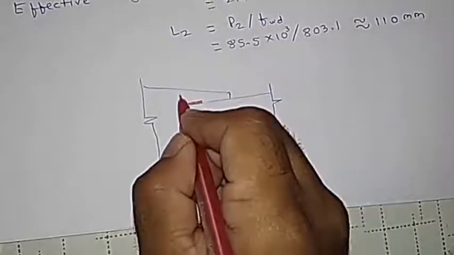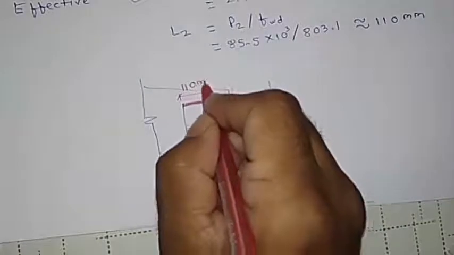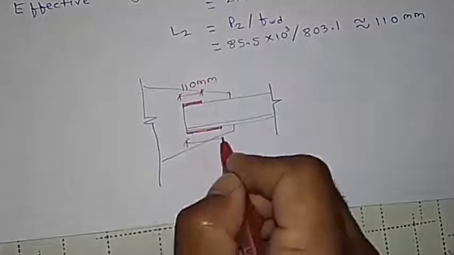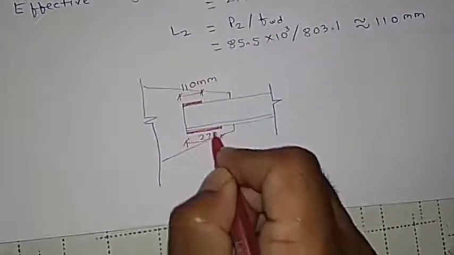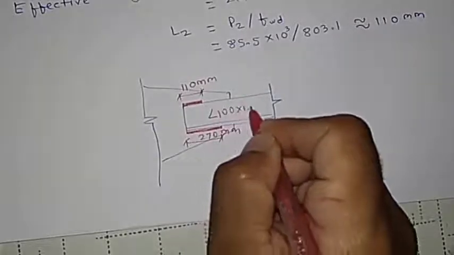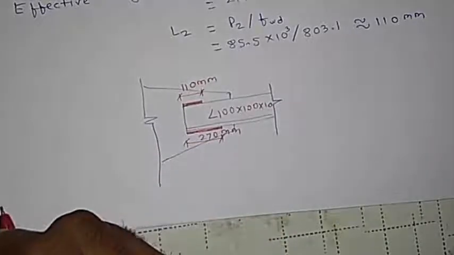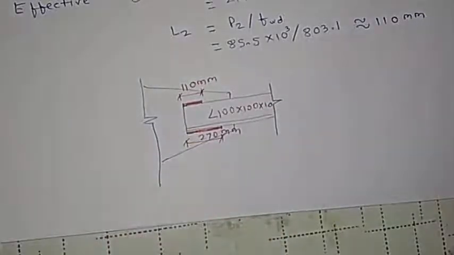So this one is your 110 mm and this one is your 270 mm. So that's 100 by 100 by 10. So this is how you will get the fillet weld at the heel and toe of the angle. The second part of the problem we will solve in the next video.